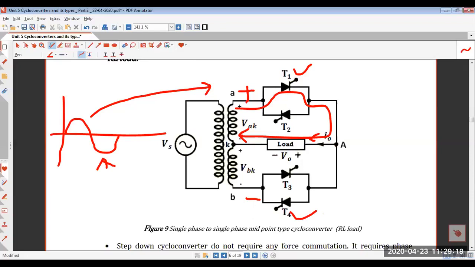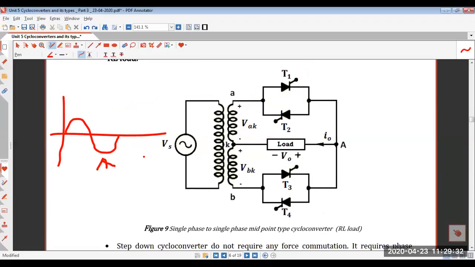So now for the negative half cycle, this would be positive and this will be negative.